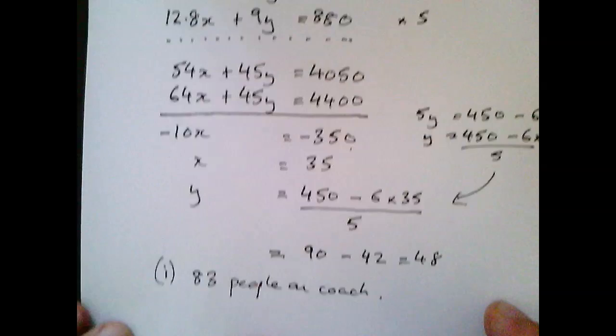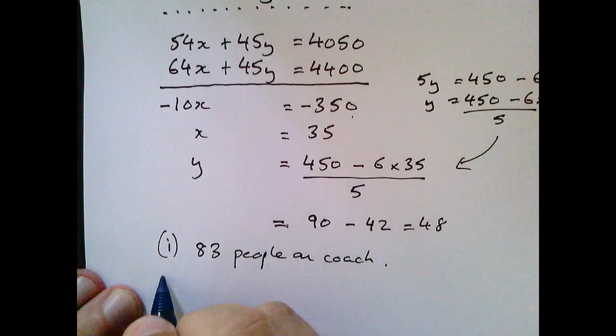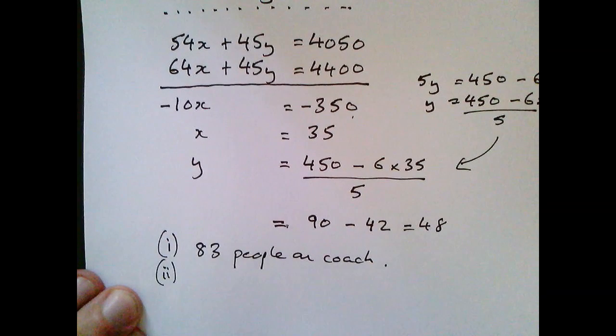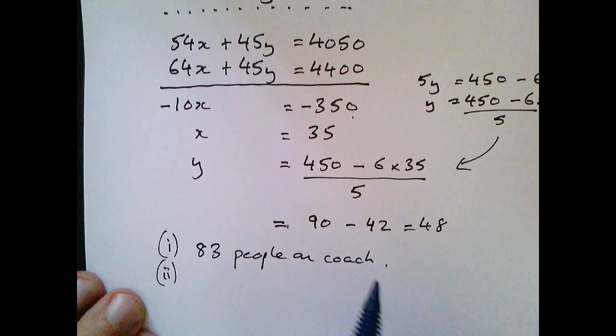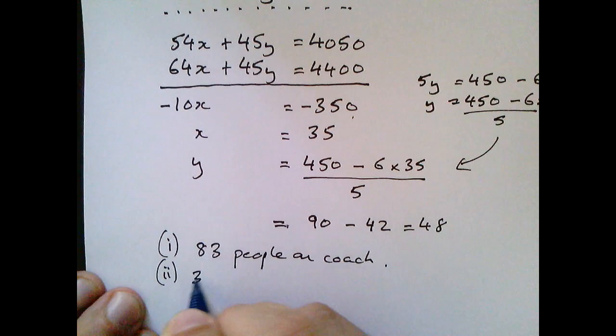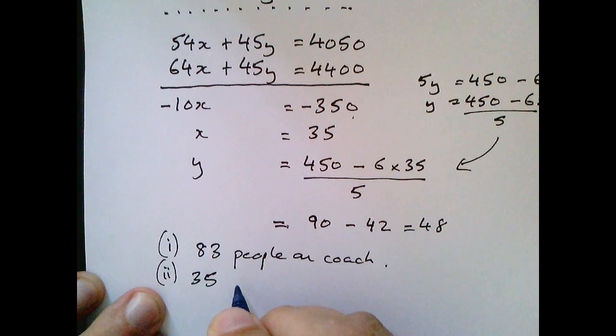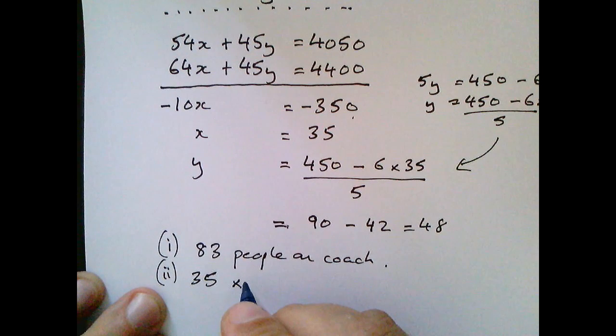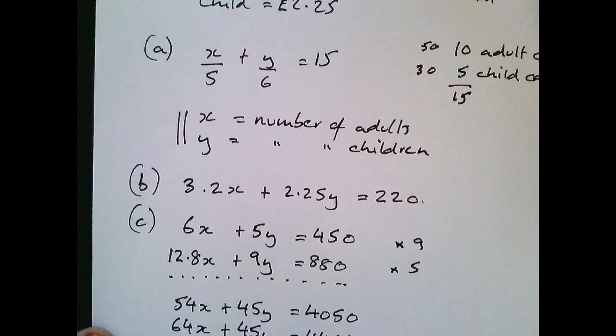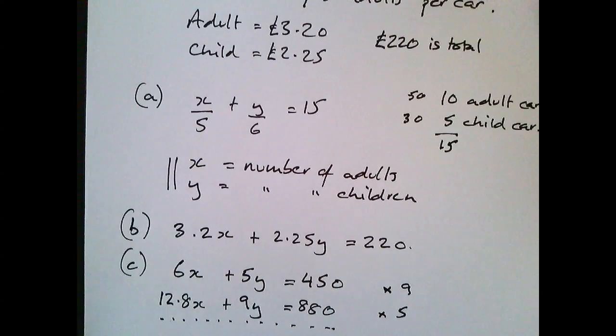Okay, if only the children had gone on it, if adults hadn't barged their way to the front of the queue, well, there's 35 adults, and if we go all the way back to the top, they each cost £3.20.